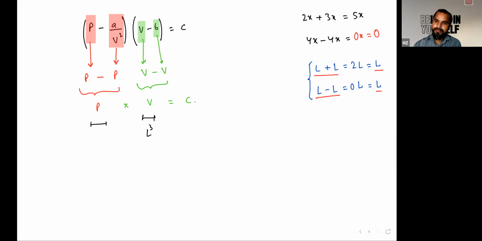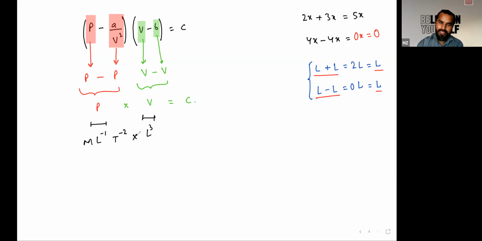Nida, send your answer. P is pressure having dimension M L to the power -1 and T to the power -2.